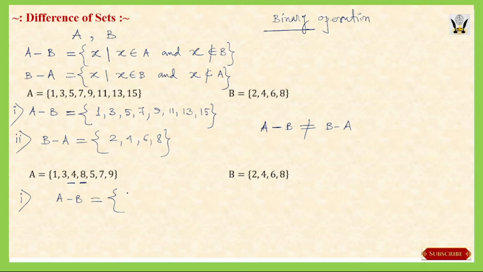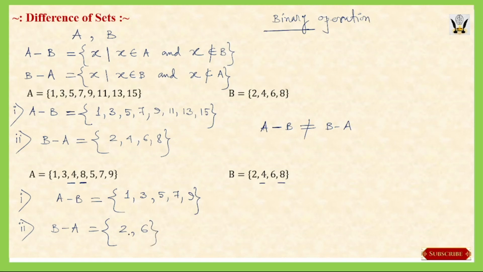So here A minus B, in that new set, will have only 5 elements: 1, 3, 5, 7 and 9. Next, when we perform B minus A, we consider only those elements of B which belong only to B but don't belong to A. Again we know that 4 and 8 belong to both the sets, so we consider only those elements which are unique to B, and here we have only two such elements, 2 and 6.